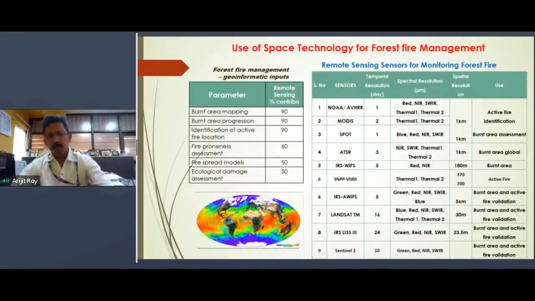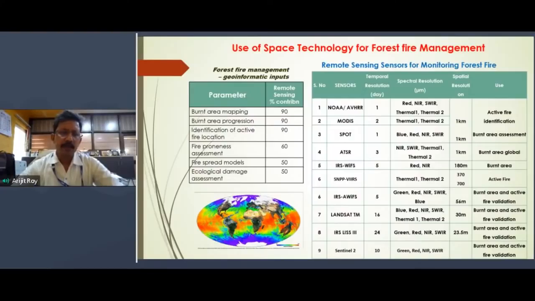So with this background, I'll just come to how we use space technology for forest fires. When we talk about the various parameters which are measured, like burnt area mapping, burnt area progression, identification of active fire locations, fire proneness assessment, all of these require a good amount of space-based inputs.